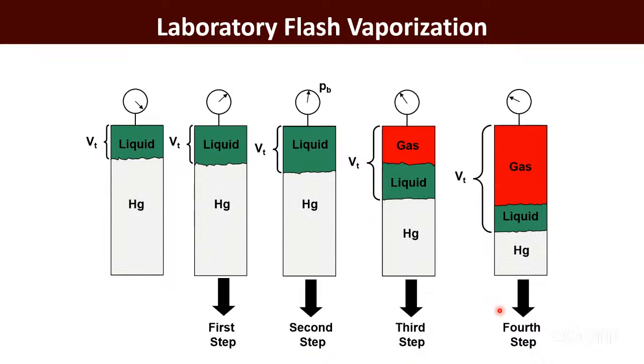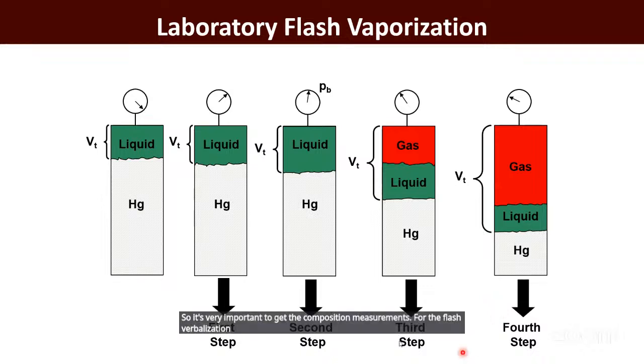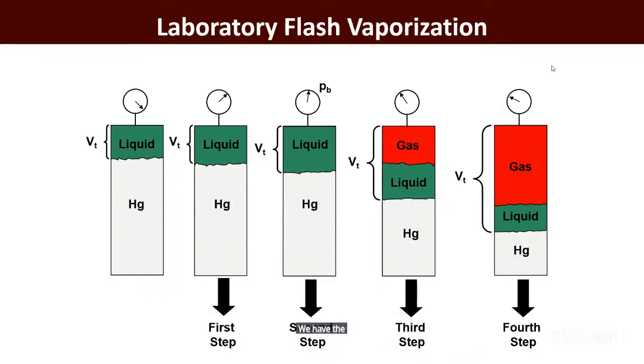For the flash vaporization or the CCE, we have the sample. We put it in this vessel, and it's pressurized with mercury at a pressure above the reservoir pressure. Then at steps, we reduce the pressure by removing some of the mercury, and then we have an increase of volume.